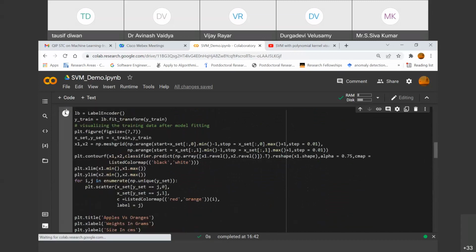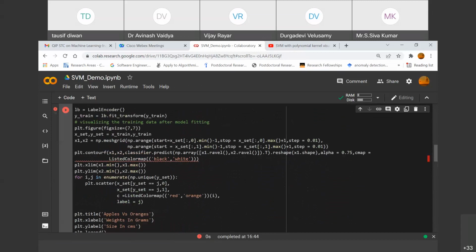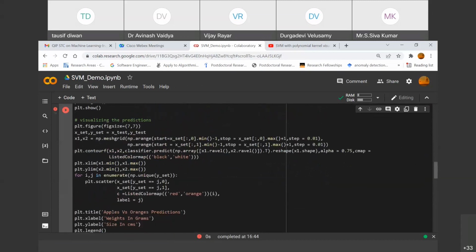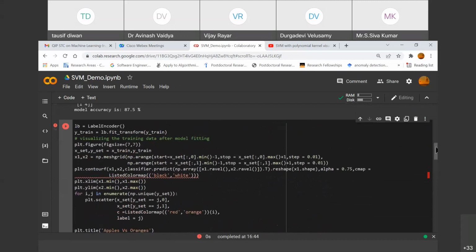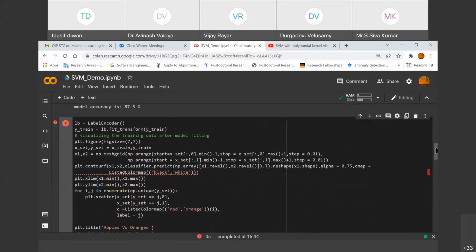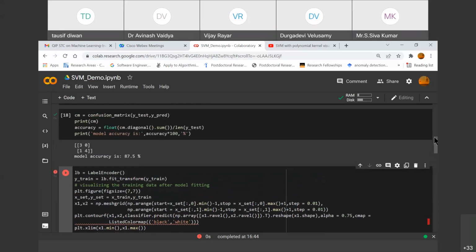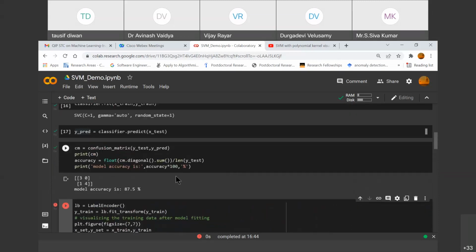So just run this cell. Fine, we see this up till this point is fine. So model accuracy is just printed over here.